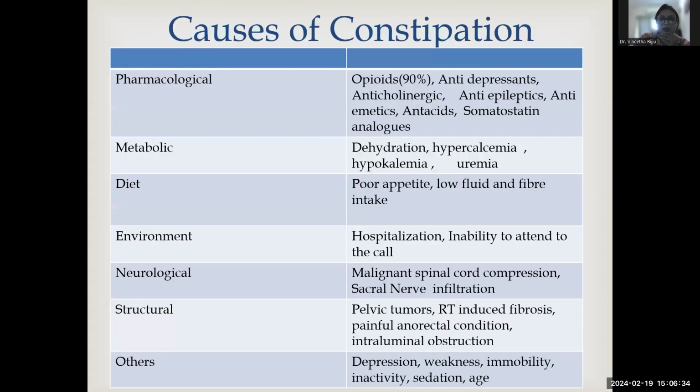And then you must have also seen the different causes of why someone develops constipation. It may be the medicines they are on, or maybe some blood parameter is deranged, like the calcium levels are high, or the potassium levels are low, or there is some kind of kidney impairment. The patient is just dehydrated, or maybe the food.